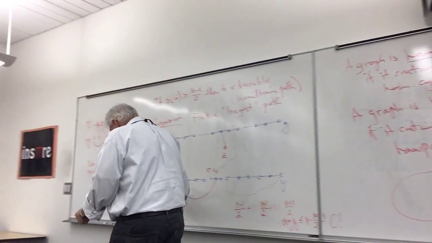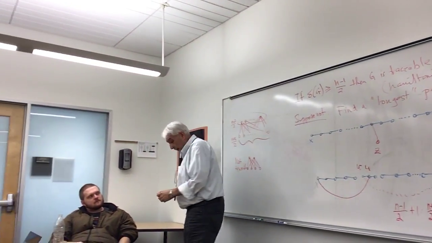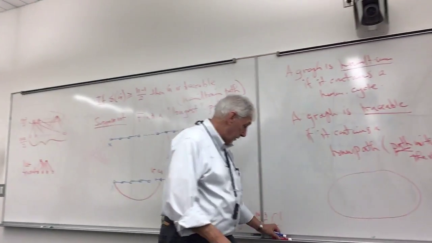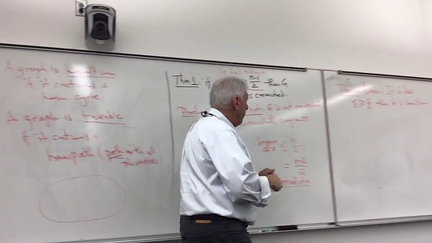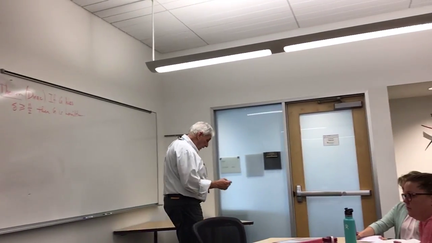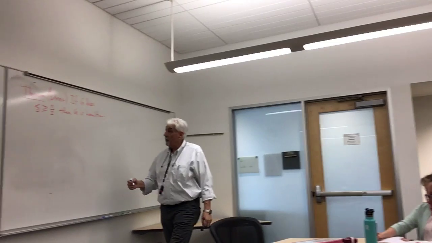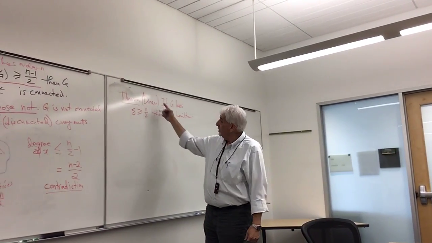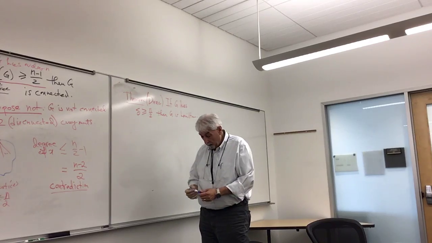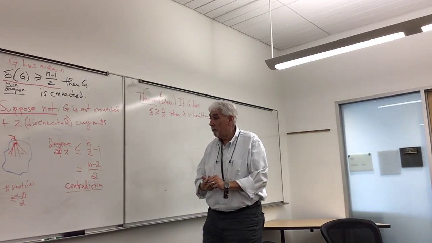And the proof is essentially the same. What do I mean by the proof is essentially the same? Okay, so I'm going to assume that G is a graph and it has min degree n over 2. And what I know is n over 2 is greater than n minus 1 over 2, so G contains a Hamiltonian path.